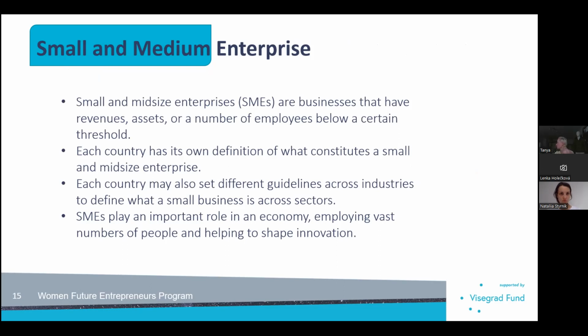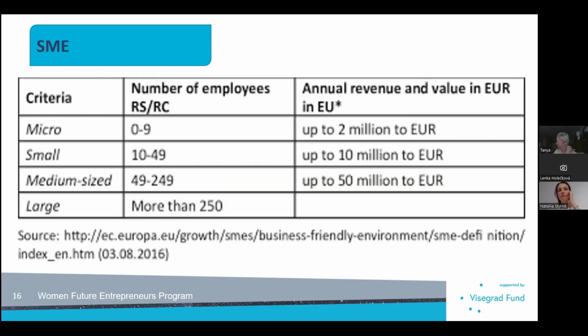Each country has its own definition of small and medium enterprises, but mainly there is one rule that is valid for each country. Small and medium-sized businesses have less than 250 employees. So it's the most frequent form of business in each country, and also in the Czech Republic.